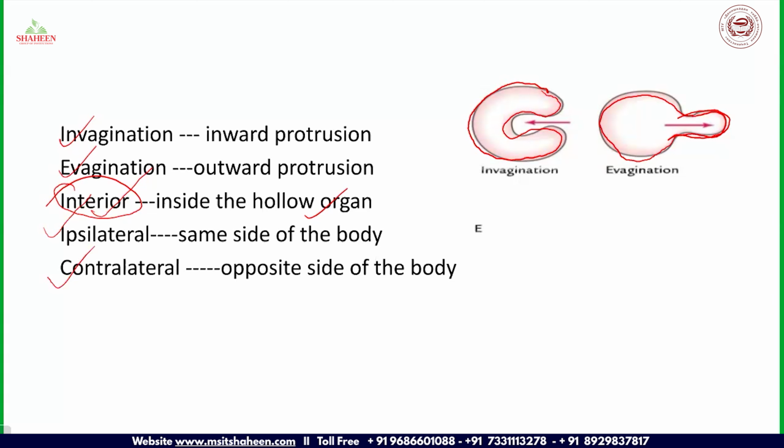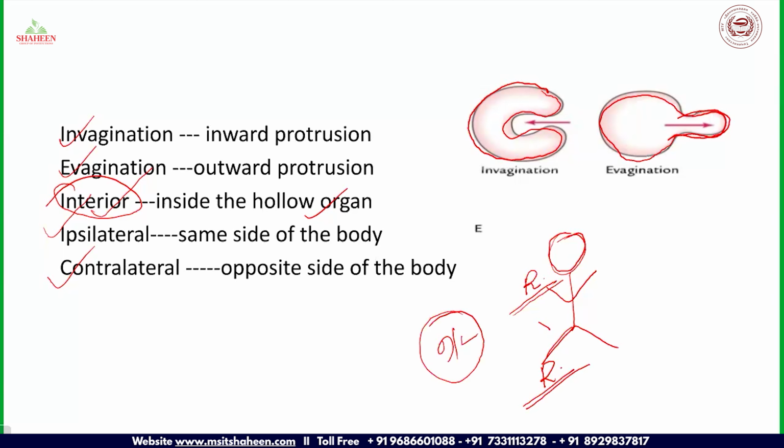So for example, if a patient comes to you in the casualty with some paralysis or weakness, weakness in the right upper limb and right lower limb, you report the case saying the patient has weakness on the ipsilateral side. If the patient has weakness in the right upper limb and the left lower limb, then that is the contralateral side. Got it?